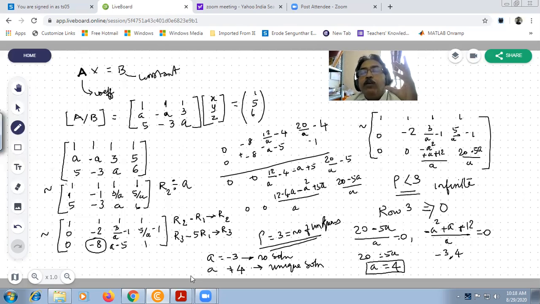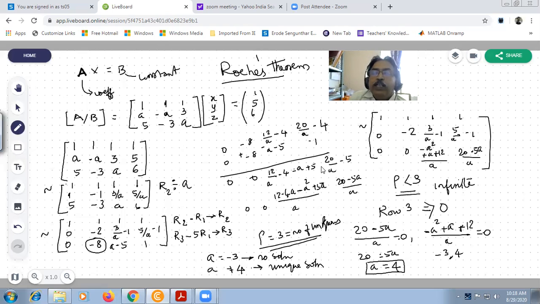So from Rouche's theorem, you have to convert the given matrix into an equivalent form, that is the upper triangle matrix, and you discuss with the number of variables and the rank.